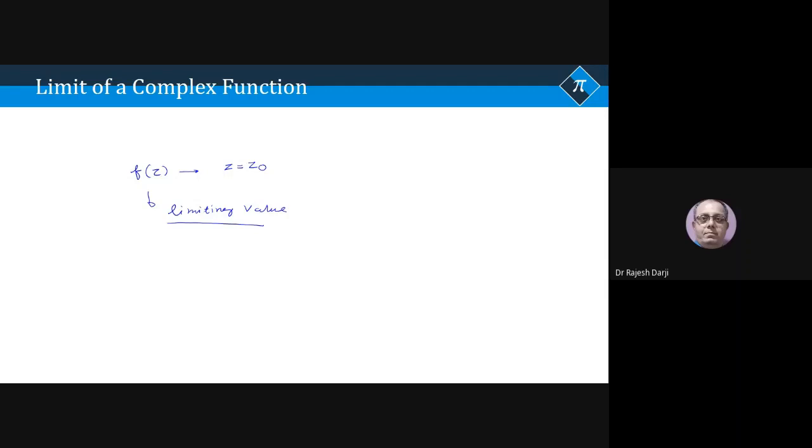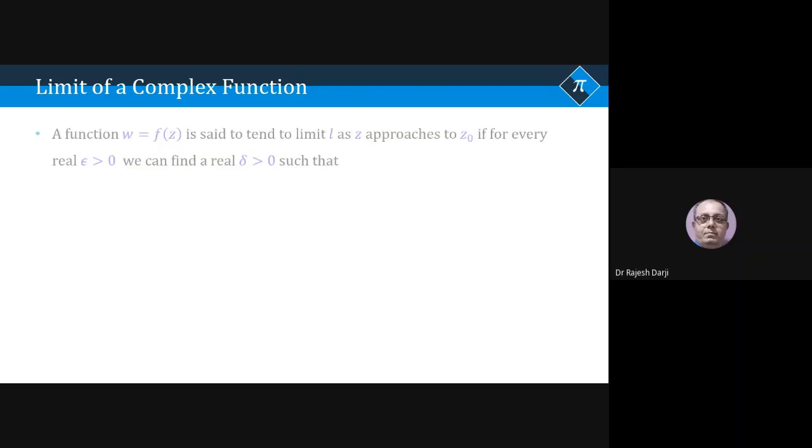But what is the exact formal definition of this limit function? Limit of a function. So let us see, it is the analog definition of the complex and real system.